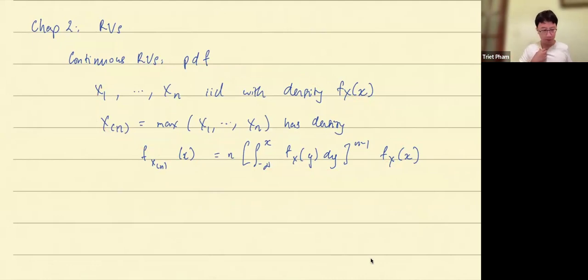I'm going to do more problems to start with today, problems on your homework, and then we're going to mention a few more theoretical points, and then do more problems.